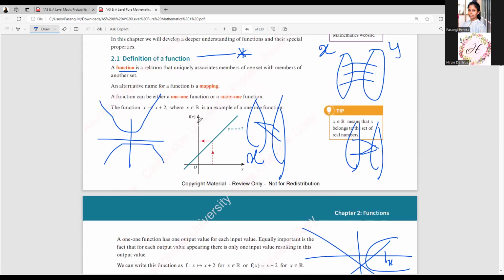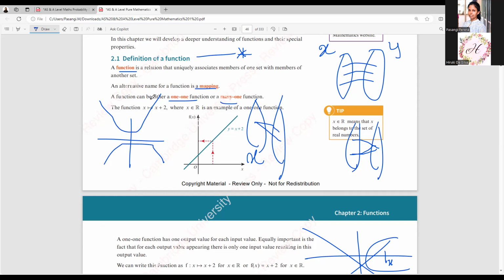Now, an alternative name for a function is a mapping. So we can use the word mapping as well instead of function. Also, when it comes to functions, there are two types: one is one to one, the other one is many to one.